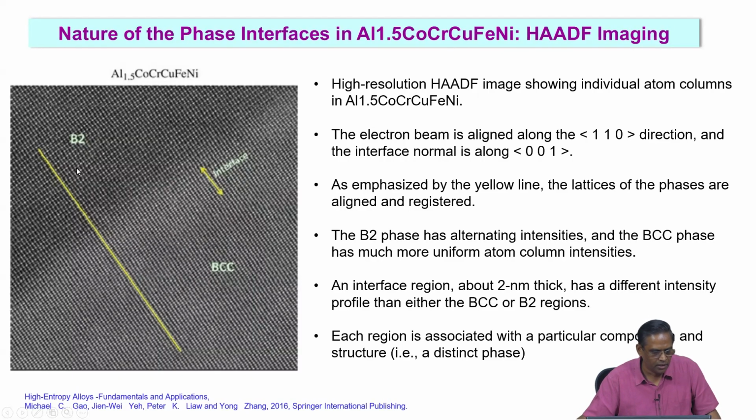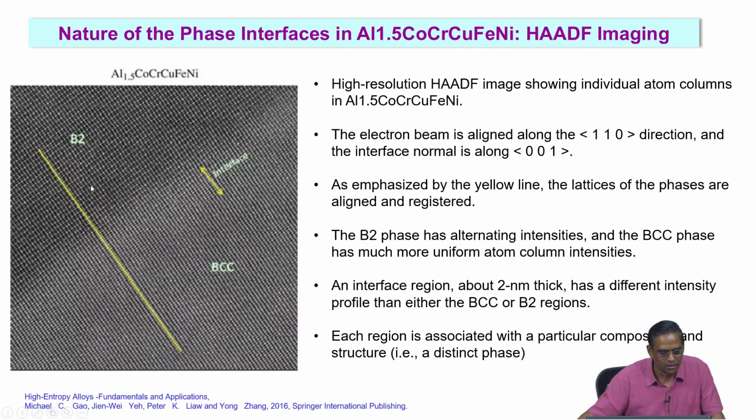So, what you are seeing here is a B2 structure. This is a HAADF image, and then you have the BCC phase here, and then you have the interface. So, your eyes need to get tuned to look at this. It will mislead you, then you have to really focus.